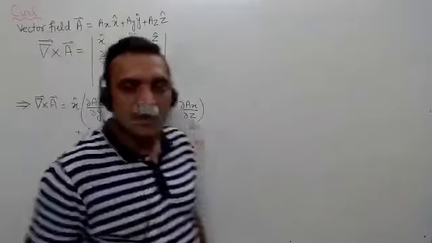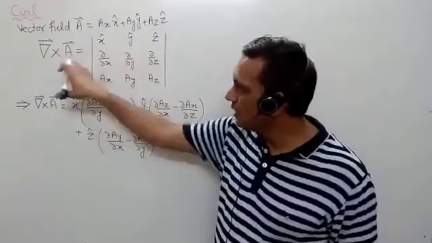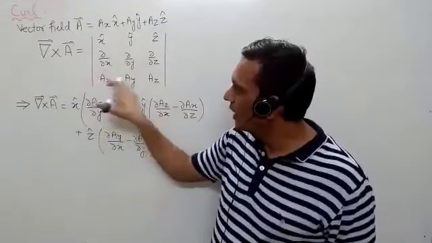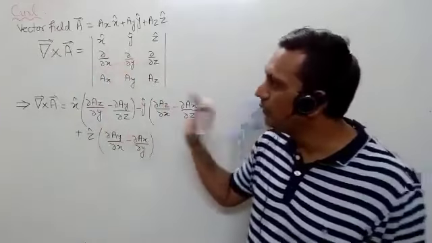So you can easily find curl in a Cartesian coordinate system. Just put Ax, Ay, Az and expand this. You will get curl of a vector.